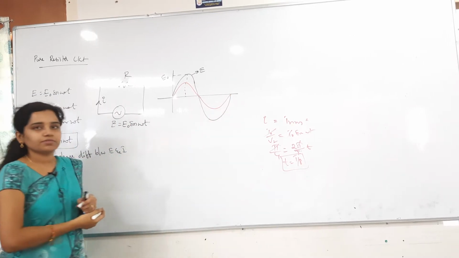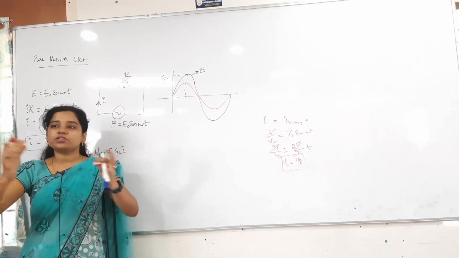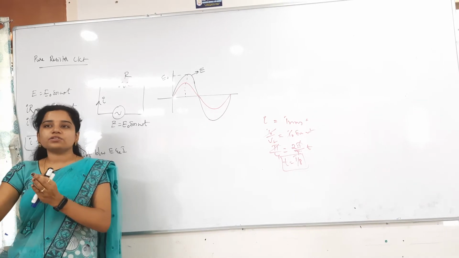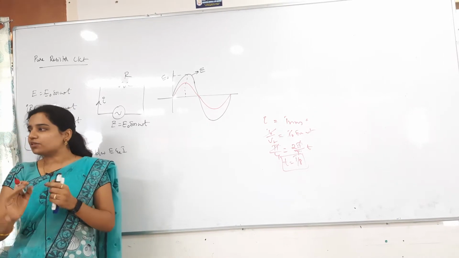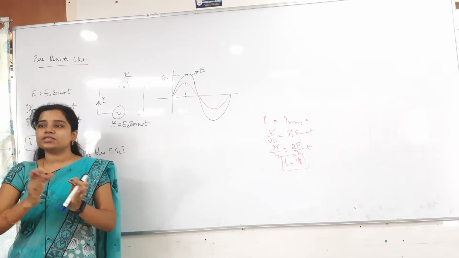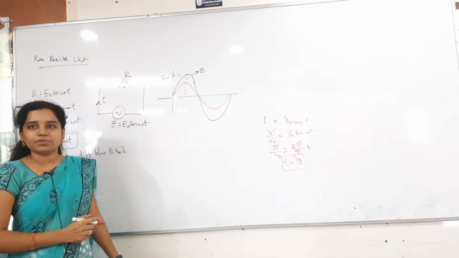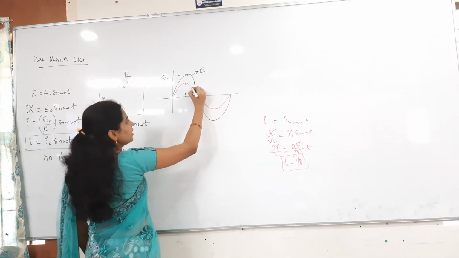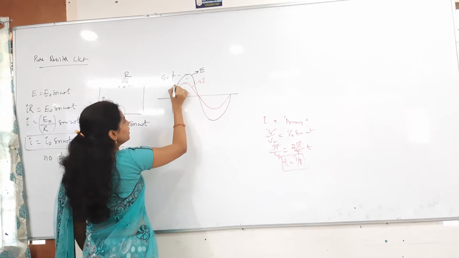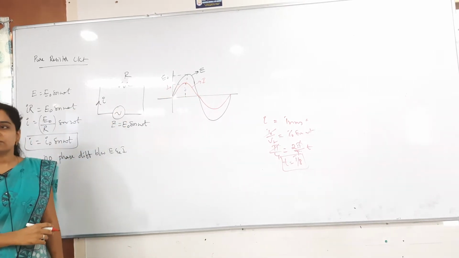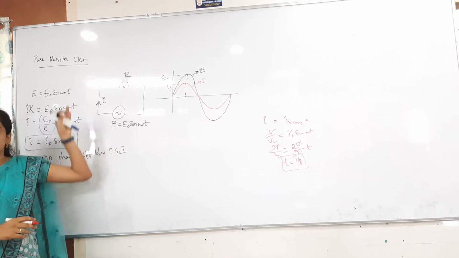What is the reason? E is equal to I into some value, correct? E is equal to IR is the formula. So E is R times of the I. So obviously E is bigger and I will be smaller. So this is the current curve, and here we get the I naught maximum value. That is about the sinusoidal wave of the voltage and current.